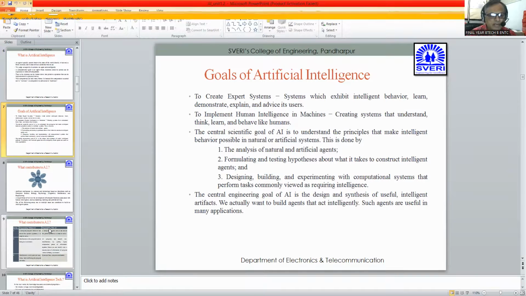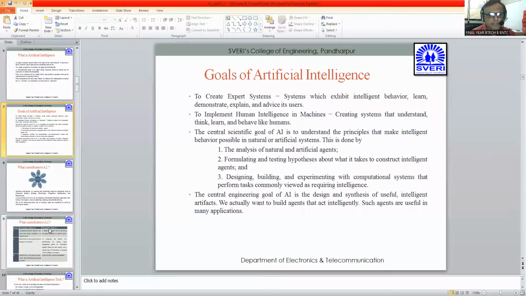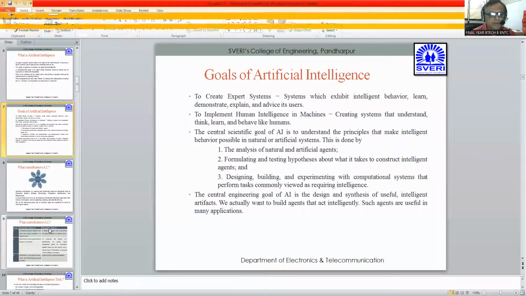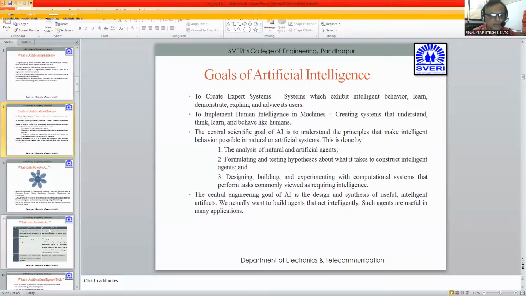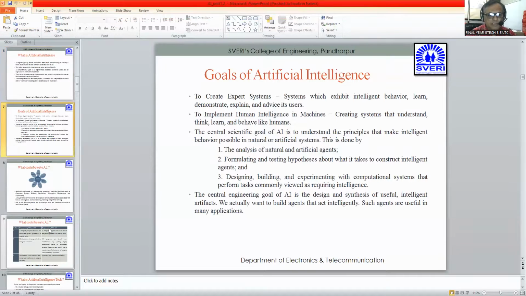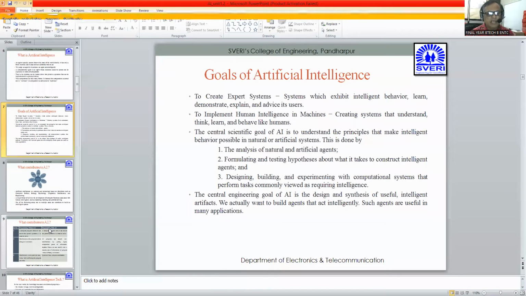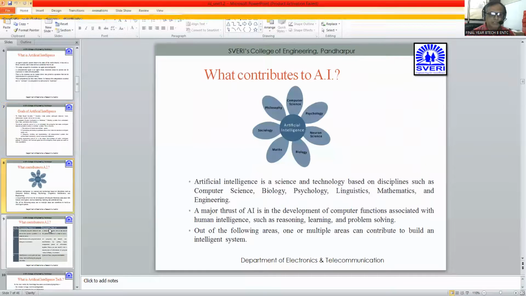The central scientific goal of AI is to understand the principles that make intelligent behavior possible in natural or artificial systems. One of the central engineering goals of AI is to design and synthesize useful intelligent artifacts. We actually build agents that act intelligently and which are very useful in many applications.